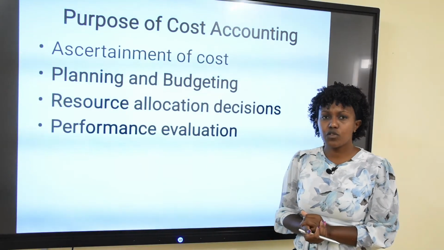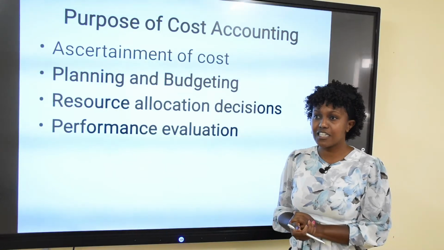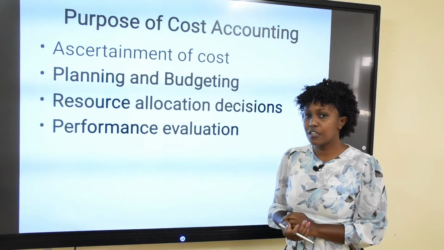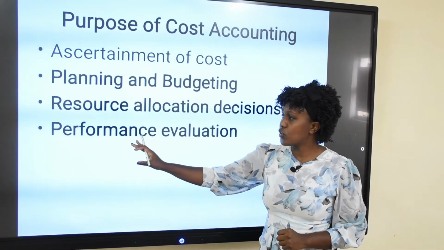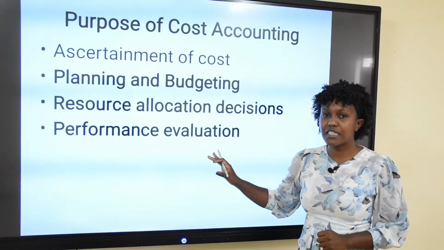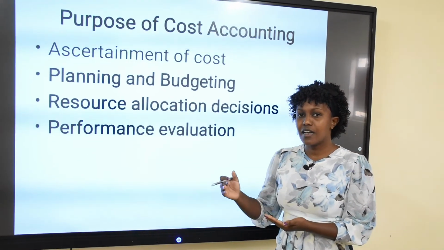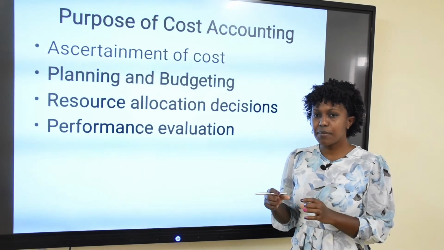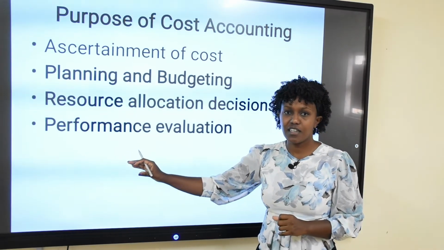The next one is performance evaluation. Now, when we talk about performance evaluation, it is closely related to what you have called cost control, and it's also closely related to analysis of variance. When you talk about performance evaluation, it is comparing the standard against the actual performance and determining, is the manager, for example, able to meet the target?